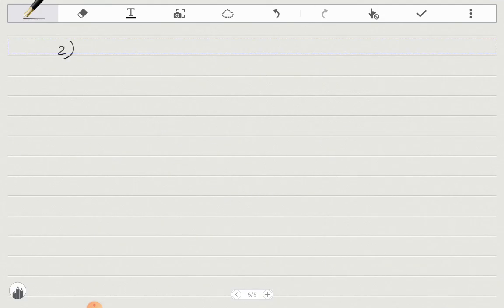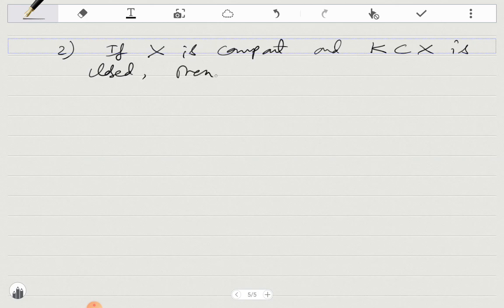The second thing is if X is a compact metric space and K is a closed subset, then K is compact.